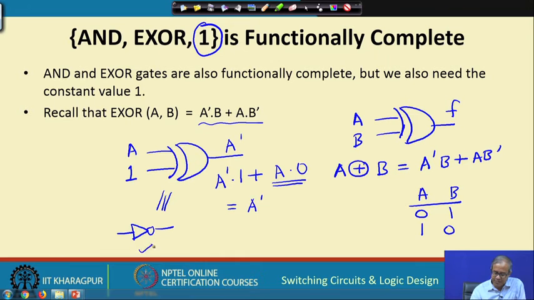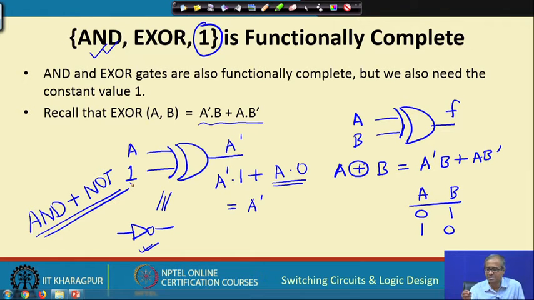So, I can build a NOT gate using an exclusive OR gate and the constant 1, and I already have the AND gate, and we have already shown that AND and NOT are functionally complete. So, I have AND and I also have seen how to build a NOT. So, this will also be functionally complete.